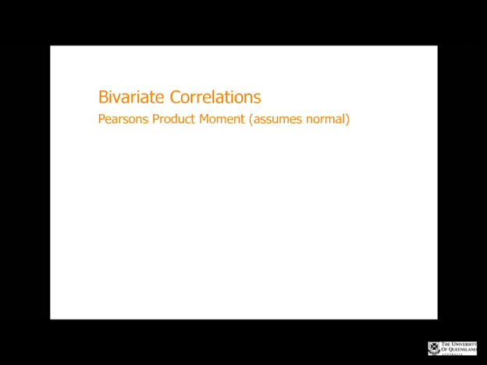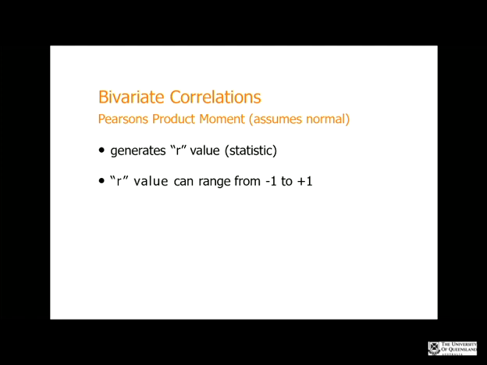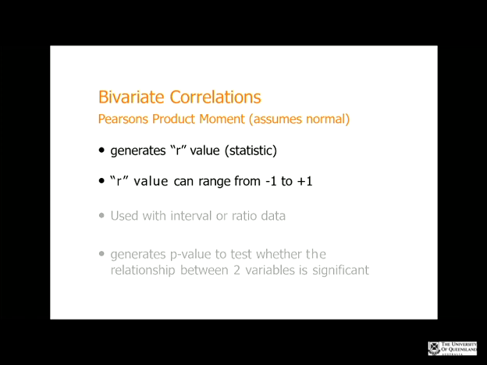So this is the R value that we had up there before, the Pearson's product moment. People just talk about the R value, really. And it's important to note that it assumes a normal distribution, okay? It ranges from -1 to +1, as I said before, and it's used with interval or ratio data.